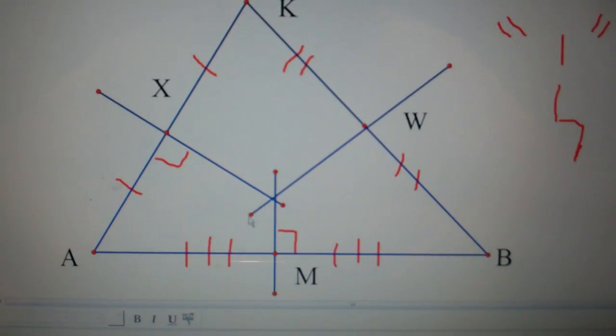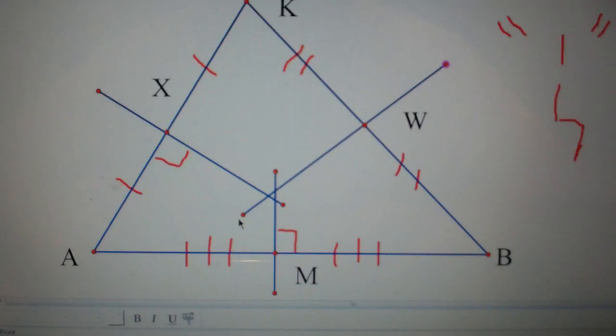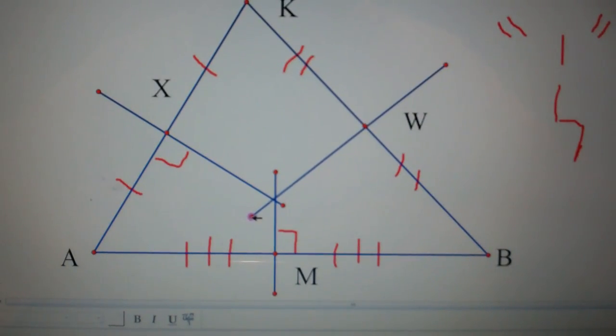We have this segment going straight through there. These are not exact diagrams here, so let's fix it a little bit.